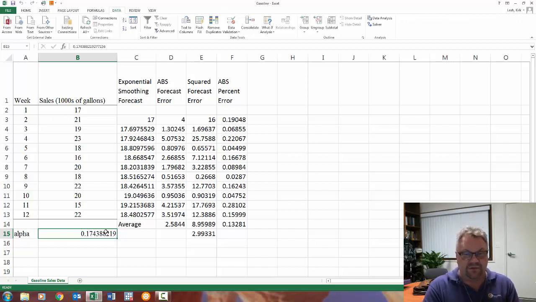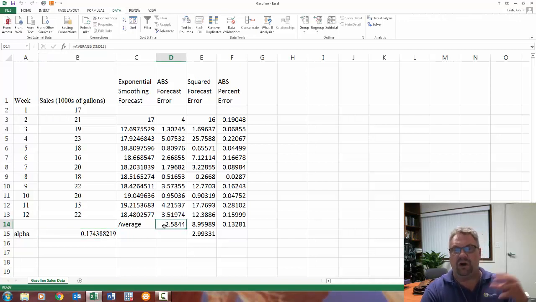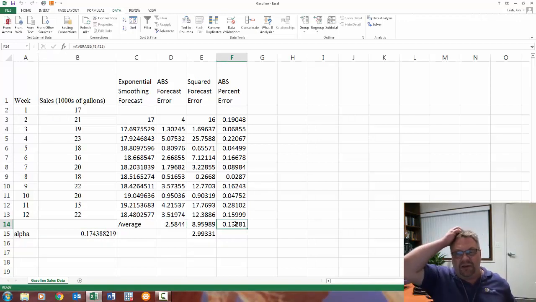Now, I have to be honest with you, sometimes it gets a little funky. Sometimes one method will have a smaller ABS forecast error, but say a higher ABS percent error. Well, there is no hard and fast rule that says we'll pick ABS forecast error over ABS percent error.